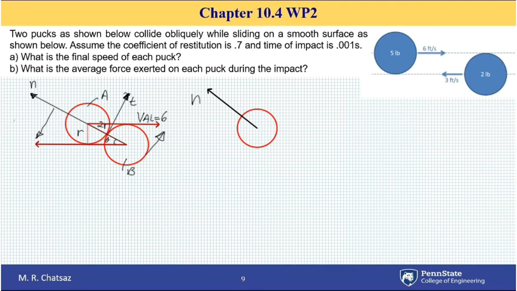Let's call this N for normal. In this direction, recall that initially ball A has some initial momentum, which is MA VA initial. Then what happens to it is an impulsive force acts on it in normal direction.